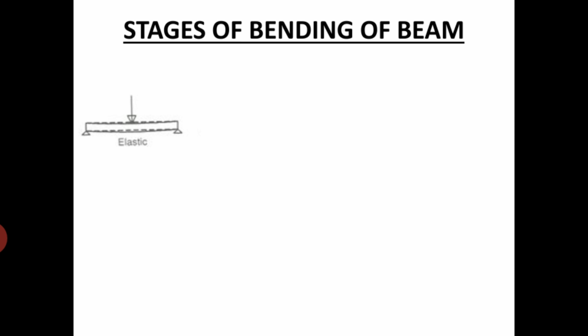Here we are considering a simply supported beam subjected to an incremental load. When the beam is subjected to the loading, the upper part of the beam is subjected to compression and the lower part of the beam is subjected to tension.